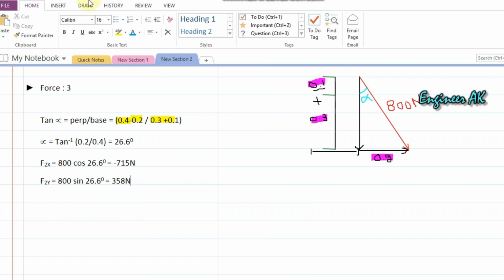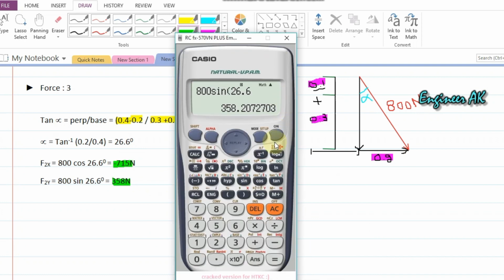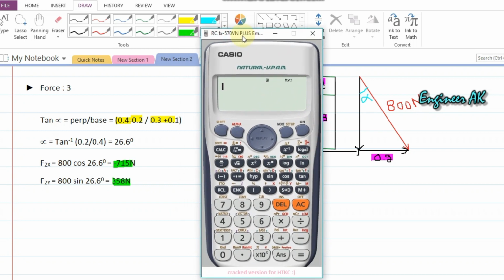So finally we have found the scalar component of this as well. Now let's check directly through the calculator, so you will see whether our answers are correct or not.